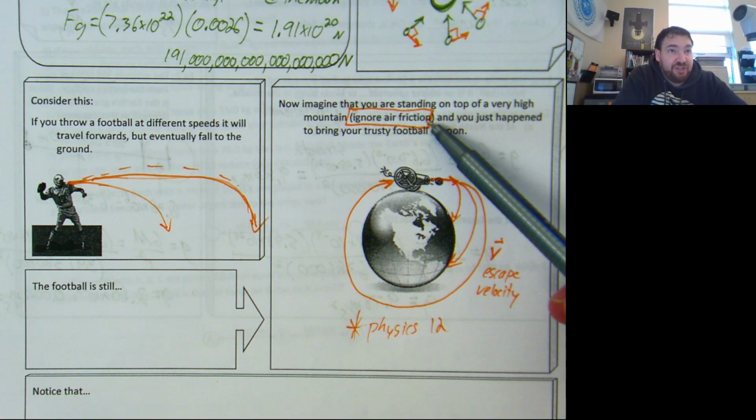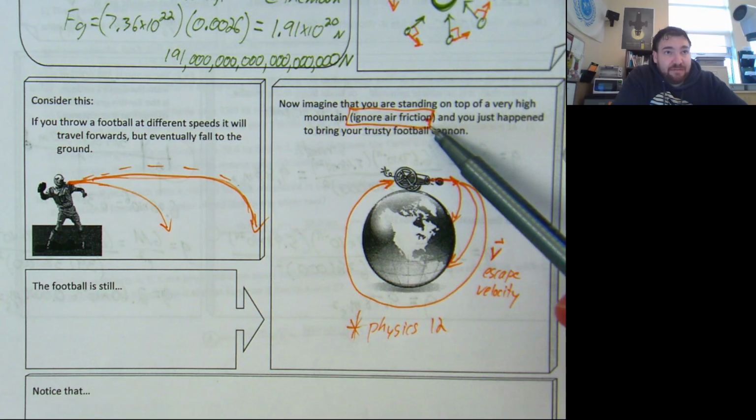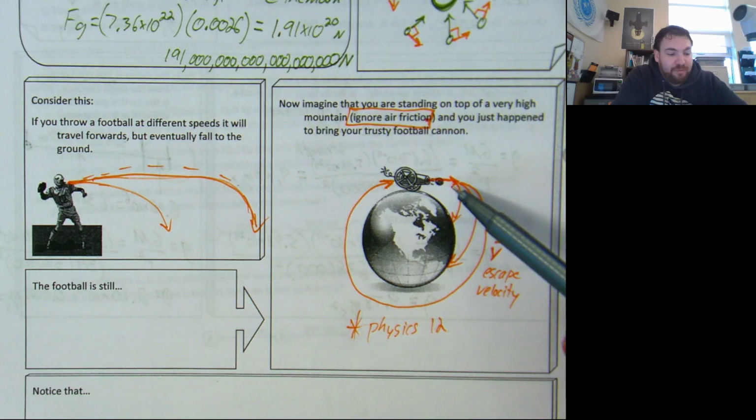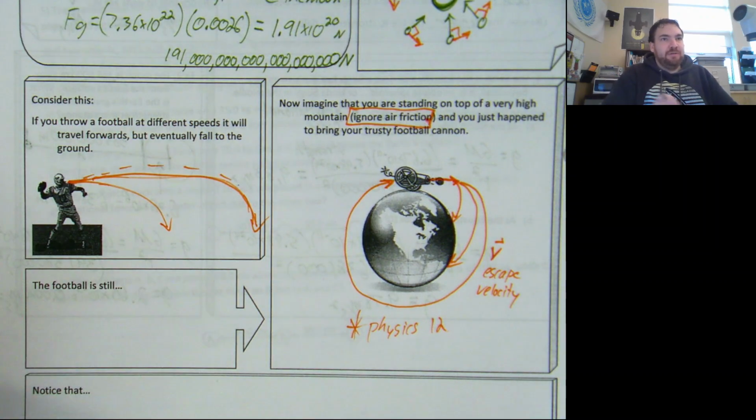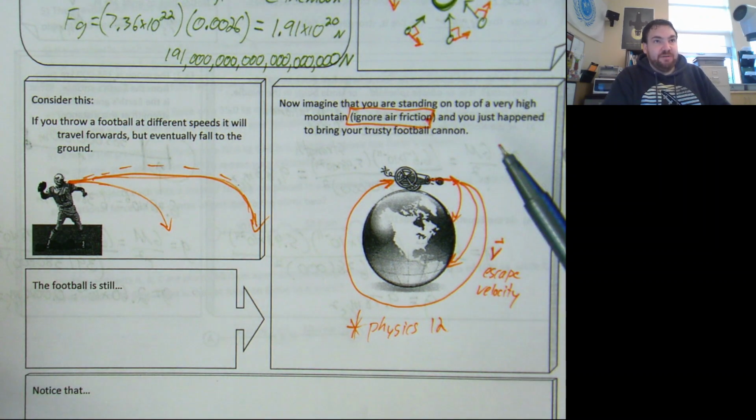This is why space shuttles have heat shields. Rockets need to be built to withstand the heat. You can't just launch anything. Like the football would disintegrate well before, because the air would tear it apart, which is not something we normally have to deal with.